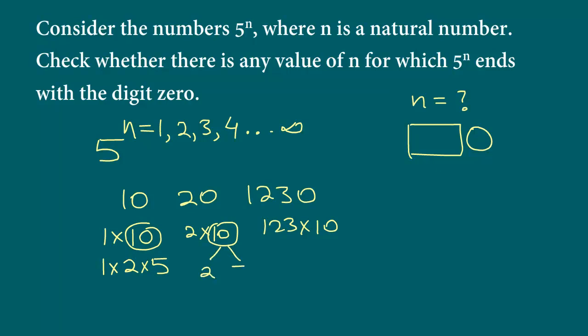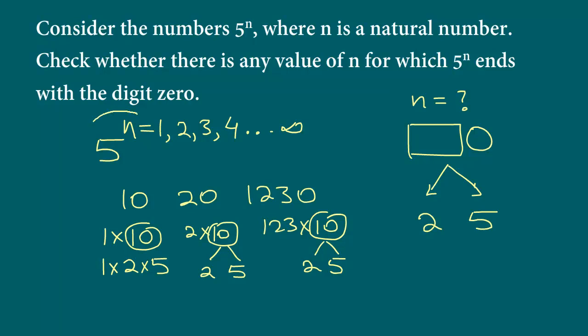So what we are seeing here is that any such number, which ends in 0, we will be able to break down into factors of 2 and 5, right?